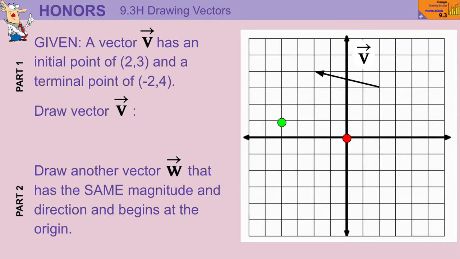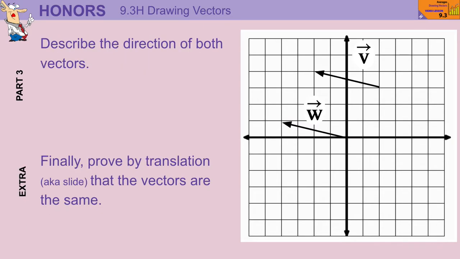Okay. Now that we've plotted the terminal point for vector w, let's continue and draw the vector and label it so we know which one is which. Now there's going to be a third part. We kind of did this already, but let's put it into words.